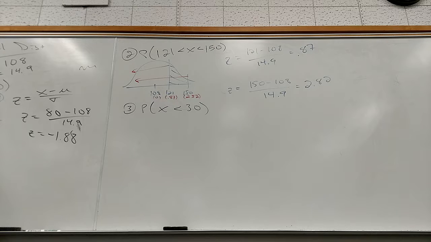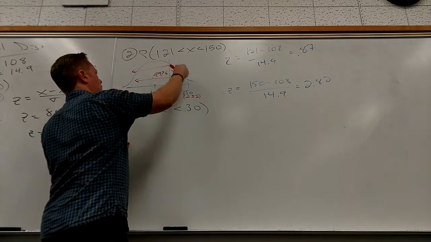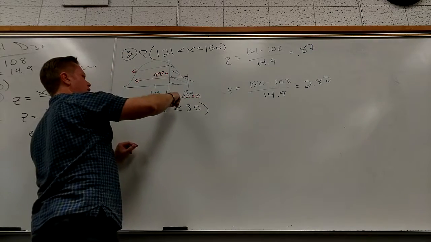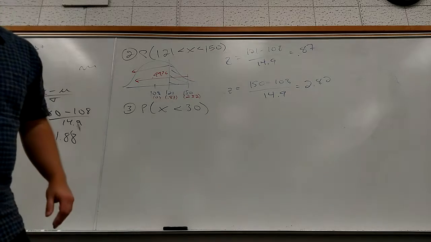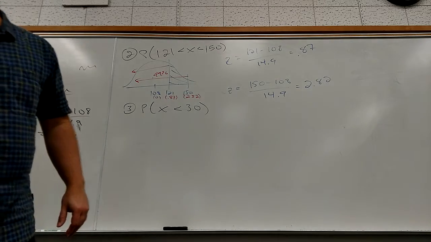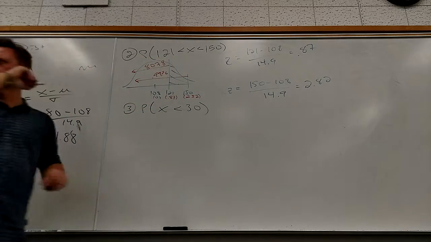So when you look up 2.82, what do you guys get? 0.9976, I like it. So that's from there all the way down, infinitely forever. And then if you look up 0.87, what do you get? 0.8078? Is that right? What you said?